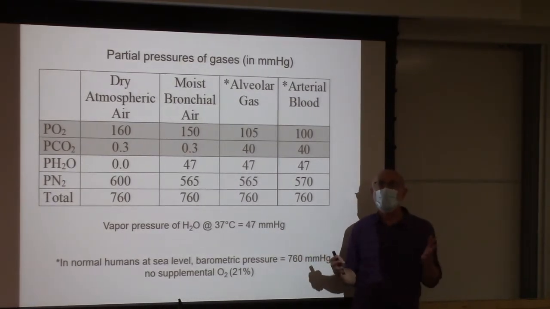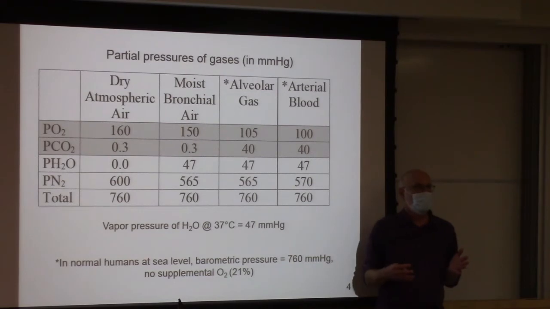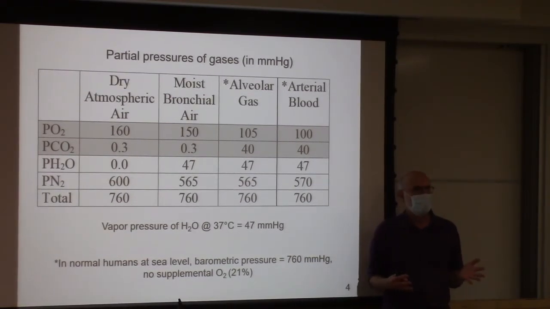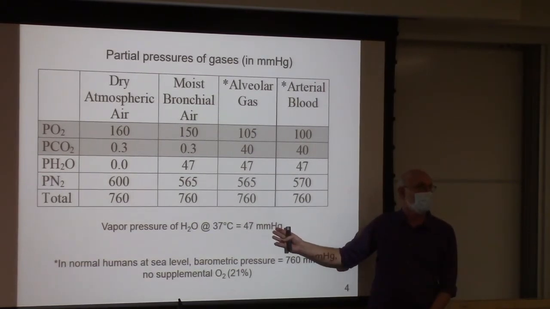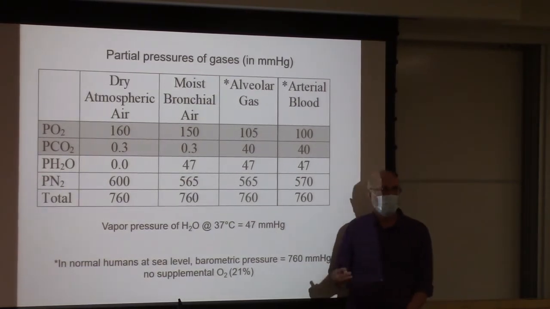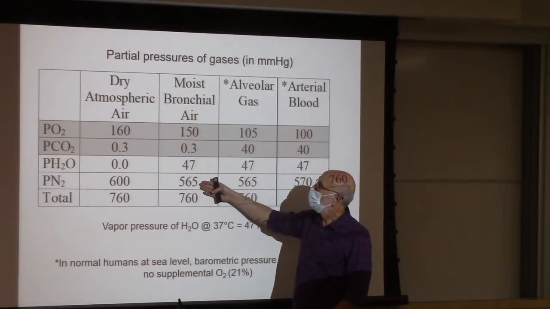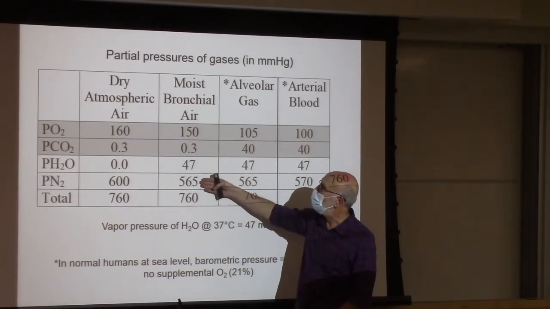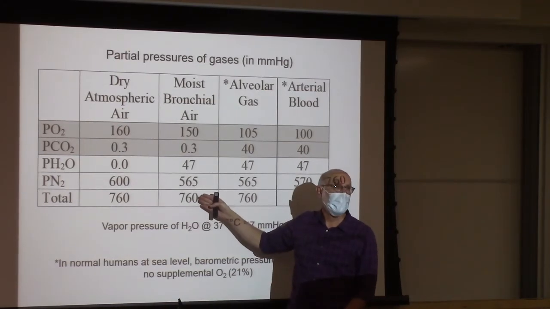So if this room was at 98.7 degrees, and it was 100% relative humidity, which would be really unpleasant, it would have a partial pressure of water vapor of 47. Nitrogen is displaced by the water vapor as well. So these are the partial pressures of gases in moist air.